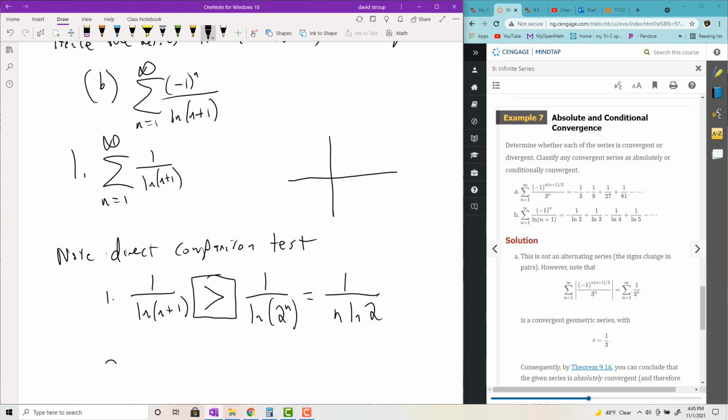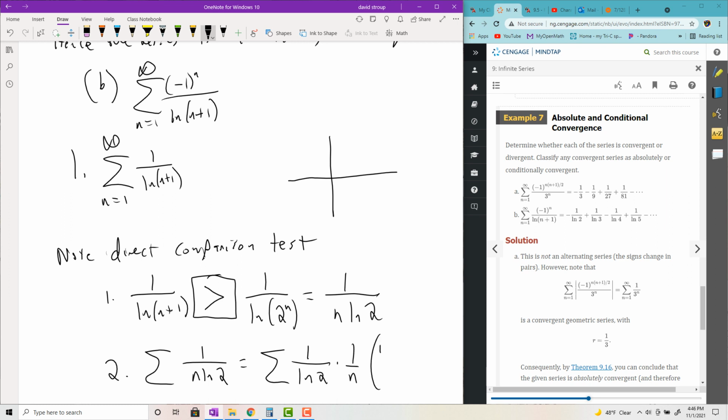So what you're ending up with there, that series of 1 all over n ln 2, that's a harmonic, right? That's just a constant multiple of the harmonic. If you don't see it, rewrite it again. This is the same as a series of 1 all over ln 2 times 1 over n, right?